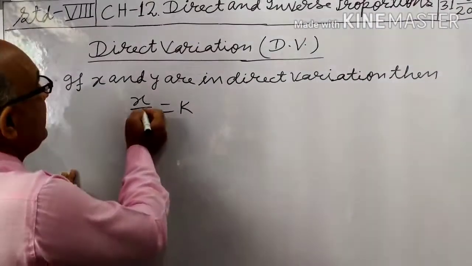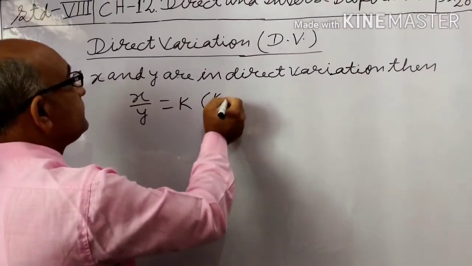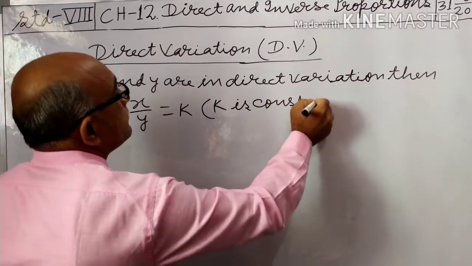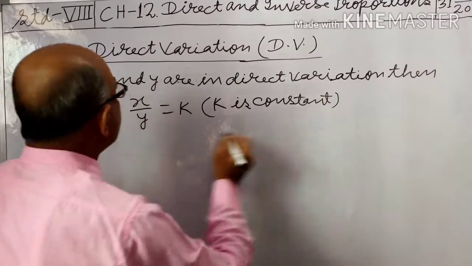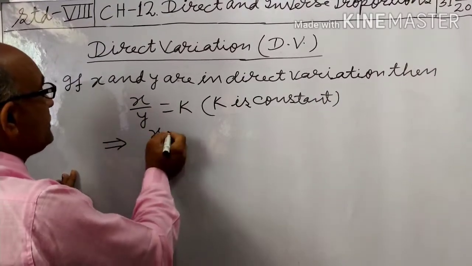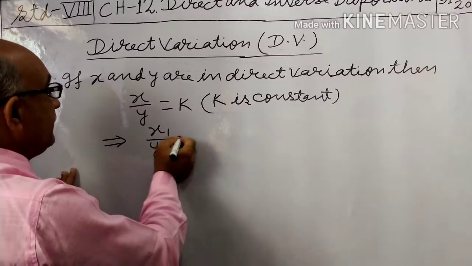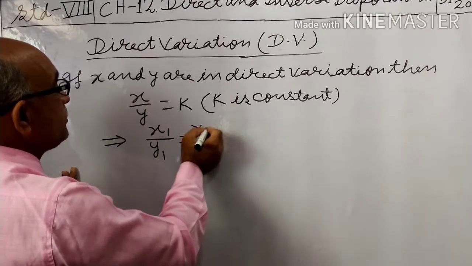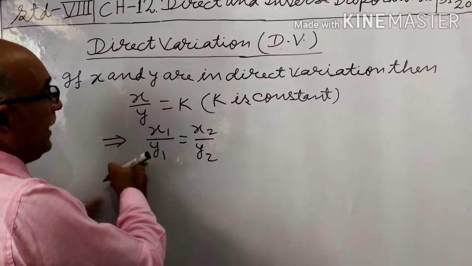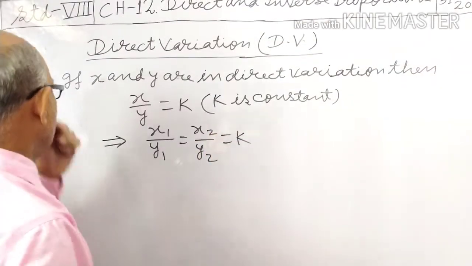So x by y is k, a constant. That implies, suppose x changes into x1 and y changes into y1, x changes into x2 and y changes into y2. So x1 by y1 equals x2 by y2 equals the constant also.